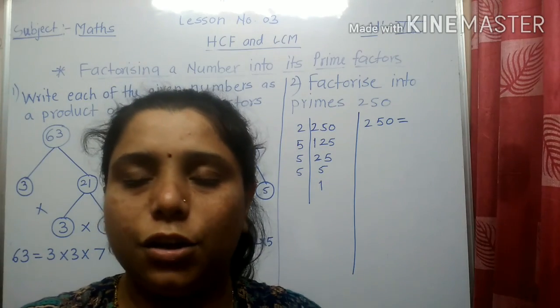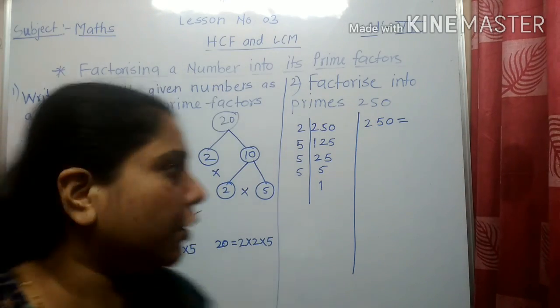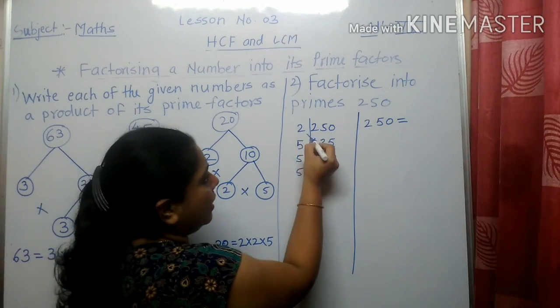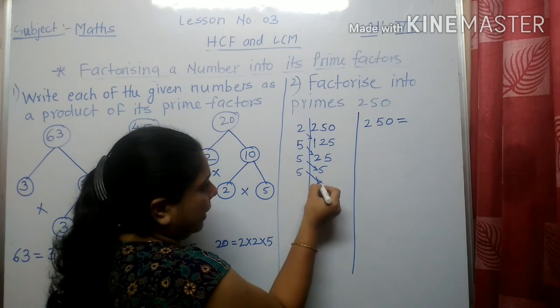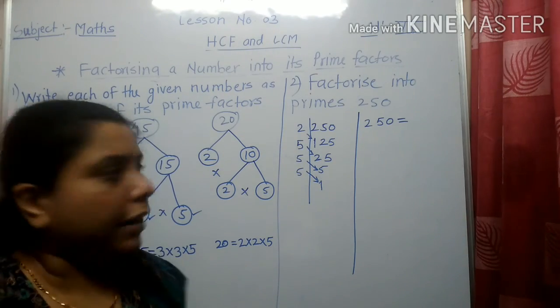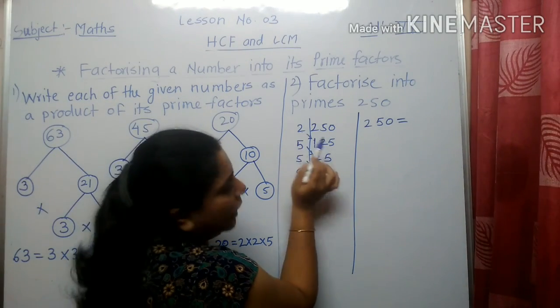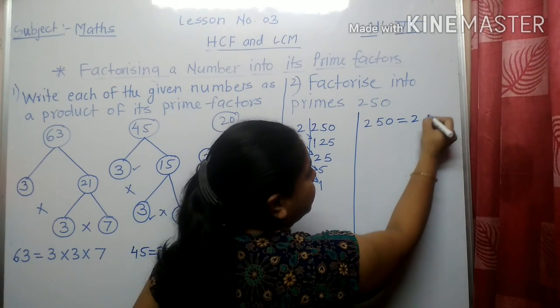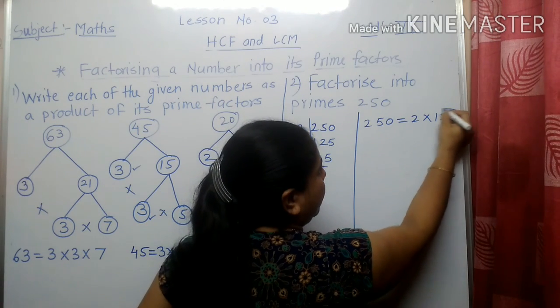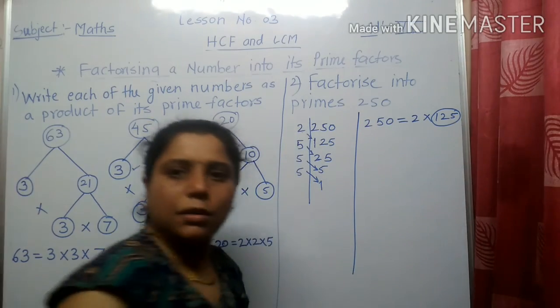Understood? Now you are writing the factors horizontally. So how to write it? See here, I am putting an arrow so you will get an idea how you have to write it down. Now see over here, 2 into 125. You have to take the product. 2 into 125. Again this 125 is not a prime number.